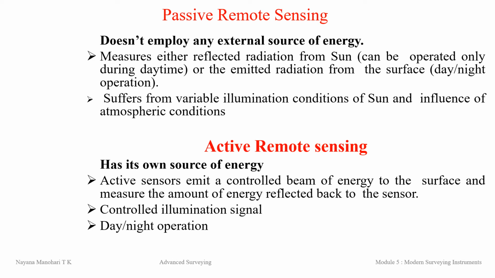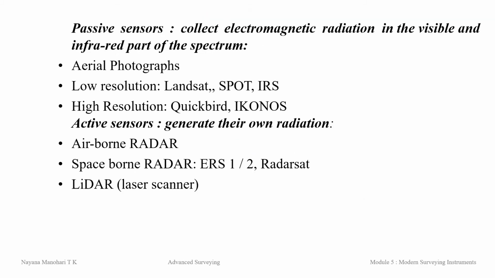Artificially produced electromagnetic waves are used. It may be microwaves, that is radar. It is a commonly used technique to transmit electromagnetic waves to remote targets. These are the different types of remote sensing.